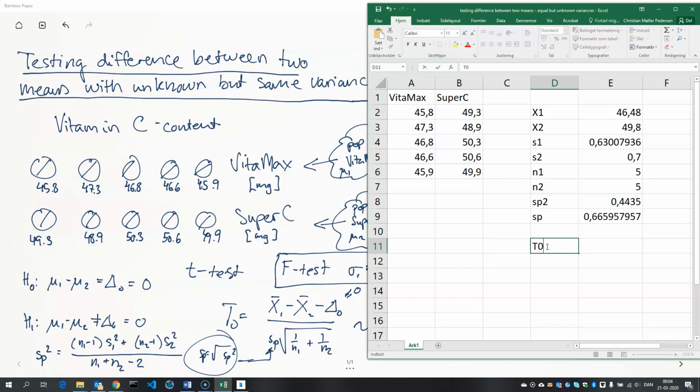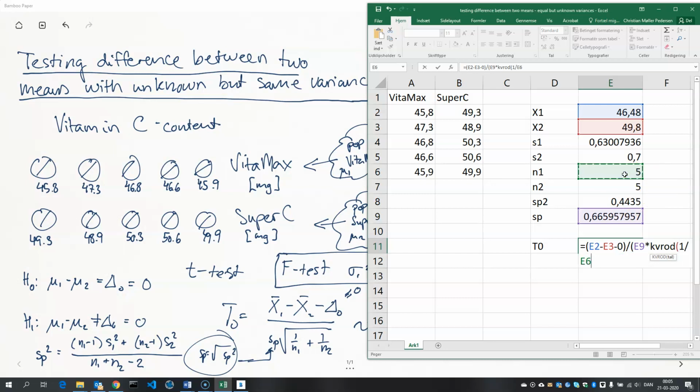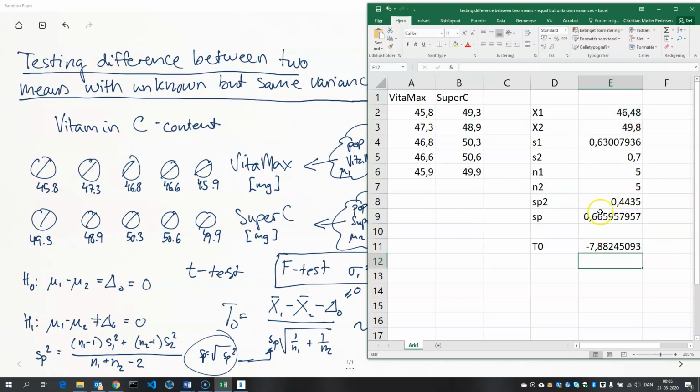And then we're ready to compute the test statistic. That's, sorry, x1 minus x2 minus 0 divided by the pooled standard deviation times the square root, SQRT, if you're on an English keyboard, of 1 over n1 plus 1 over n2, close the square root, close the denominator. So that gives us a test statistic of minus 7.88.